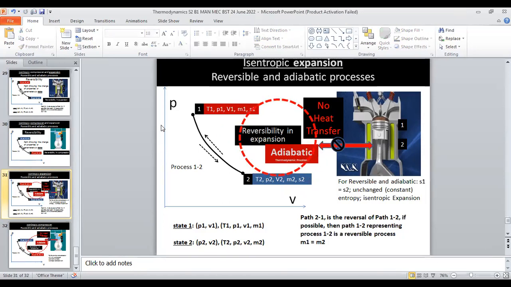Yeah, good. So the process 1 to 2, the reversible nature and the adiabatic nature combined. See, this circle means combined.